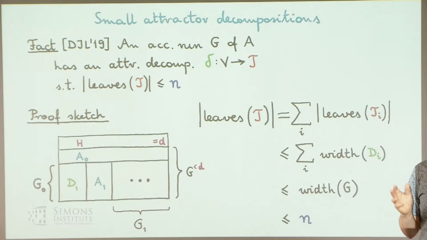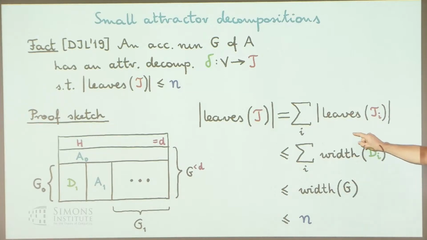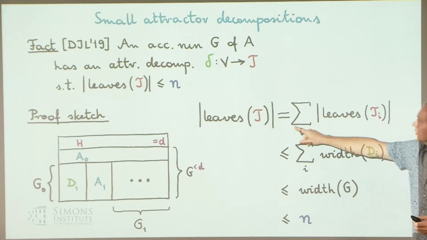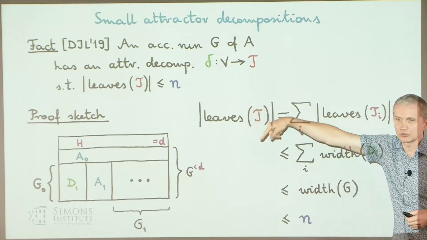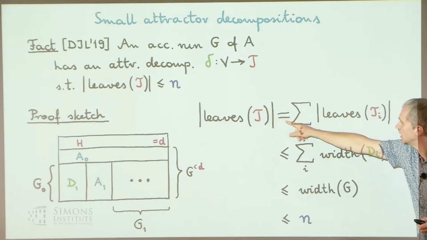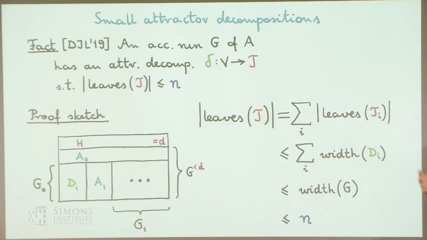We can suitably define a concept of width of those graphs, and those widths are kind of additive. So if I want to count the number of leaves in the tree of this attractor decomposition I have described, it's equal to the sum of the numbers of leaves in its subtrees. That's trivial.